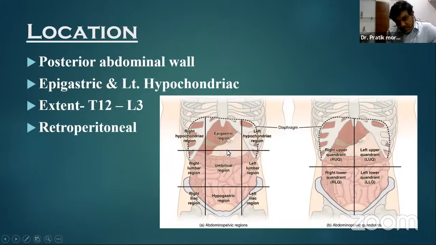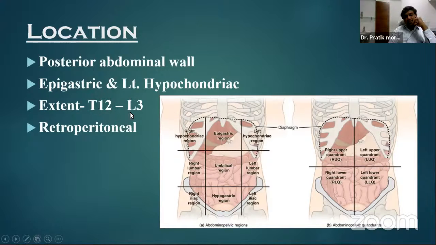So it begins something around here and then it goes like here. Okay. So it is present in the epigastric and left hypochondriac regions. That extent is T12 vertebra to L3 vertebra. The organs which are generally present in the posterior abdominal wall are indicated by this extent as well.